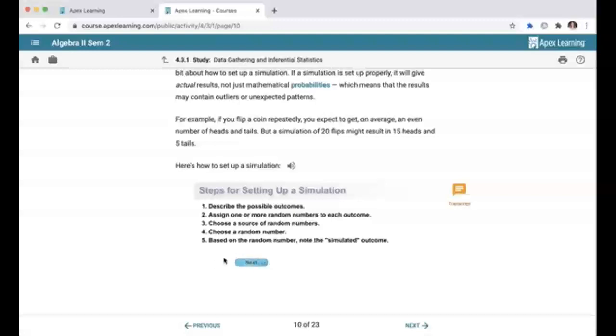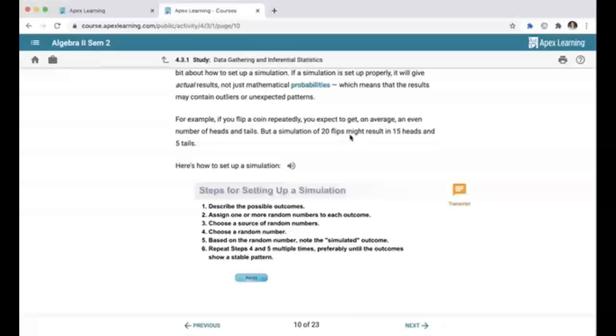Five is, based on the random number, we're going to note the simulated outcome, because every number is associated with an outcome. And then we repeat four and five multiple times: choose a random number, write down the simulated outcome, until it shows a stable pattern.